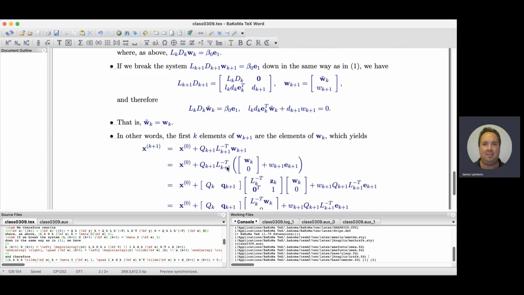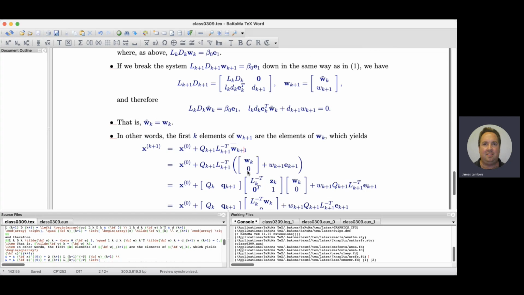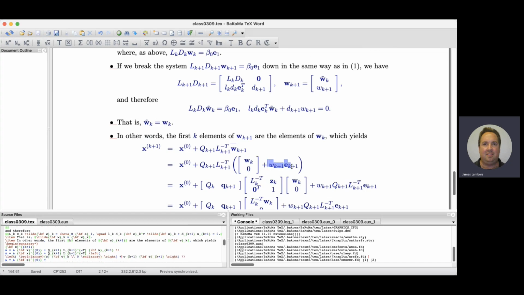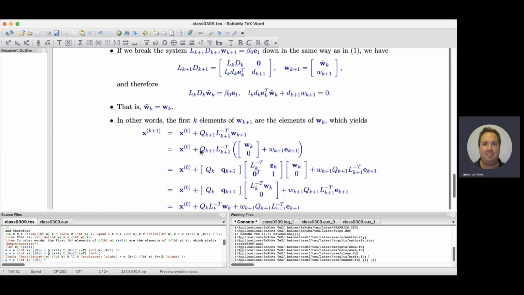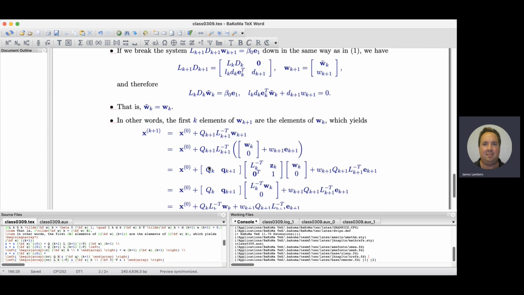What I'm doing here is breaking this up into this vector that has the first k elements of it, which we know is wk, and then a 0. And then we have the last element down here. And then I take a matrix, capital QK plus 1, and do a column partition of it. Here I have the first k columns, which are just the matrix capital QK, and then the new column that's added onto it.